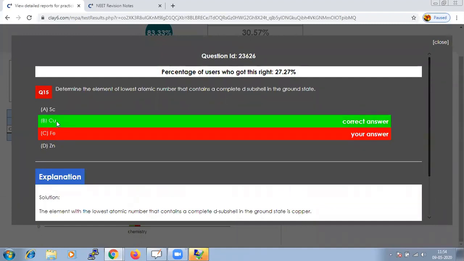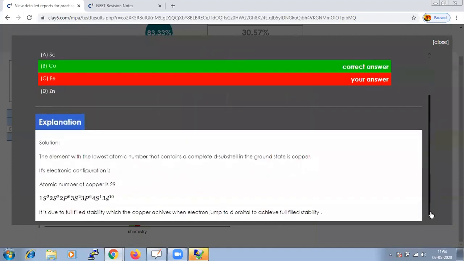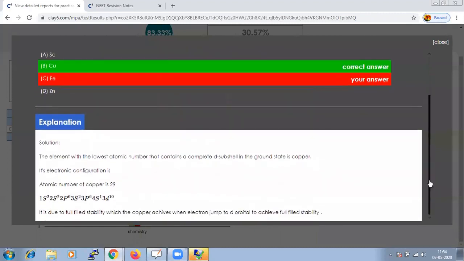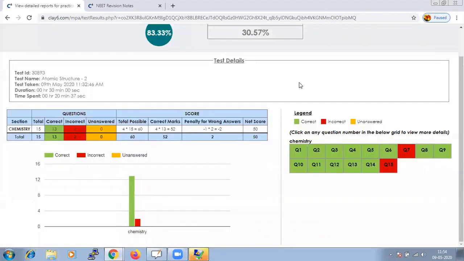I think I said copper, but by mistake I clicked C. It is copper. So if you go to the question which you got wrong, you will be able to find out the right answer with explanation, which will be very useful for you to find your own mistake and learn the right answer.